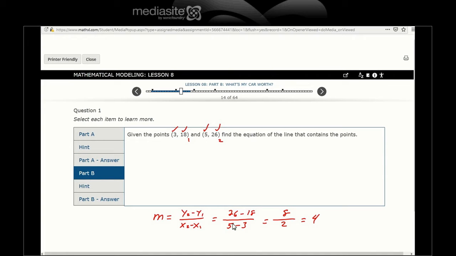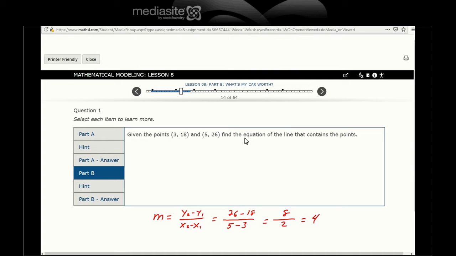Now part B, given these same 2 points, 3, 18 and 5, 26, find the equation of the line.